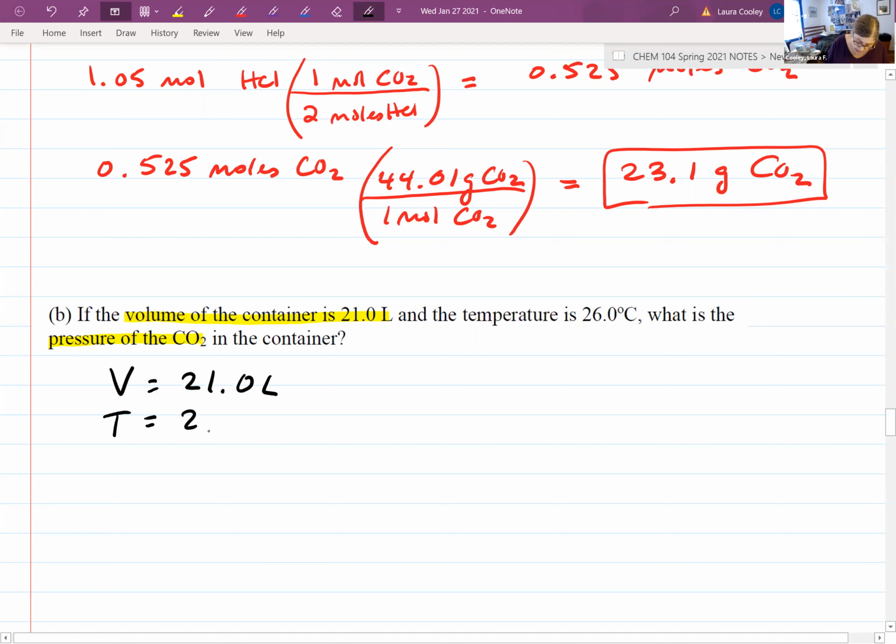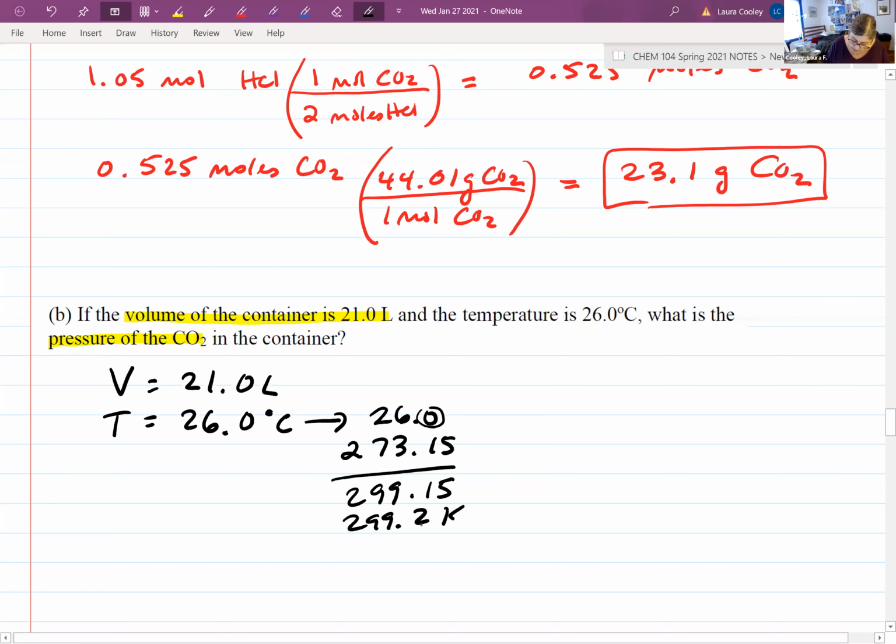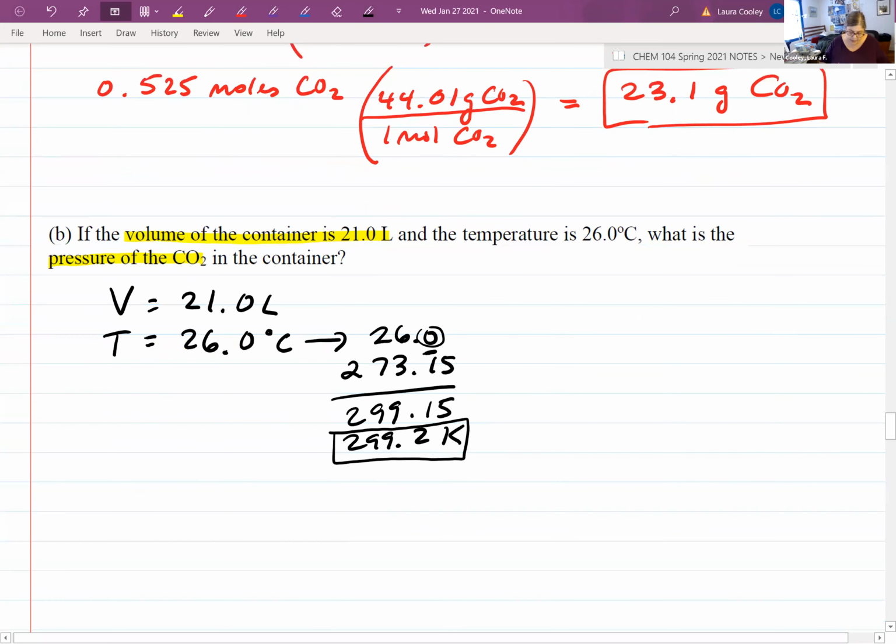Temperature is 26 degrees C, so we have to convert that to Kelvin. And we need to use a decimal place because we have a decimal place here. So it becomes 299.15, which we could round to 299.2 because we only have one decimal place here.